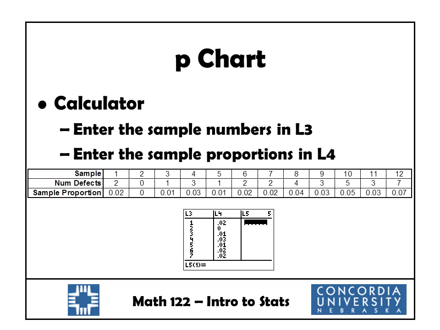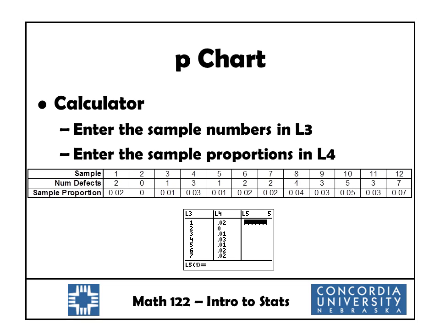Alright, now we're going to use our calculator to actually construct the P-chart. So in your calculator, first we need to enter the sample numbers in list L3. Remember, to enter data you select Stat, Edit, Edit. You get all your lists. You don't have to use list L3. You can enter them in L1 or L2 or whatever list you have available. I chose to use L3.